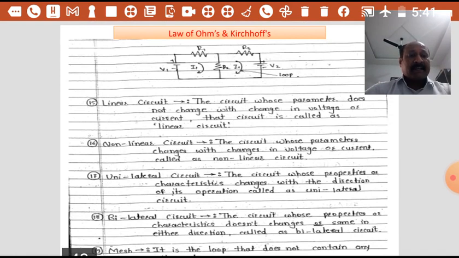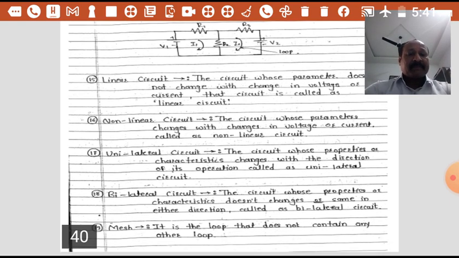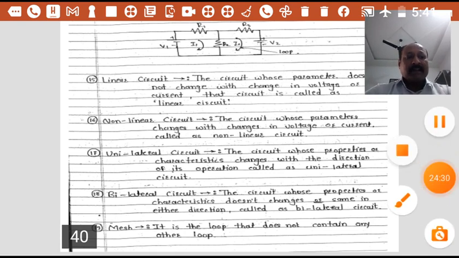Then mesh. It is the loop that does not contain any other loop. With this last definition of the mesh, we have completed all the basic definitions.